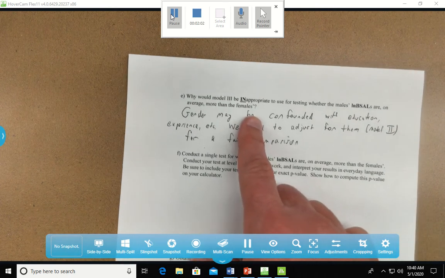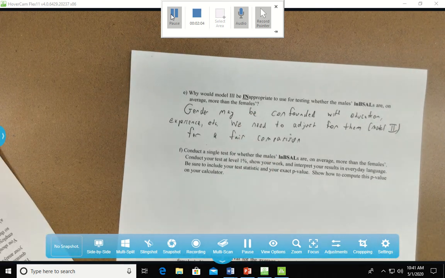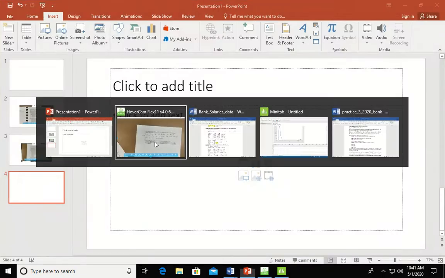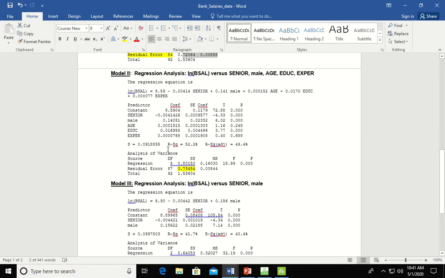Now, why would it be inappropriate to use Model 3 for testing whether the males' bank salaries on average are more than females'? So let's take a look at Model 3. It just takes a look at seniors and males. Well, you're taking out education and experience. And so really what's happening is that age, education, experience seem to have some effect on the natural log of the bank salaries.